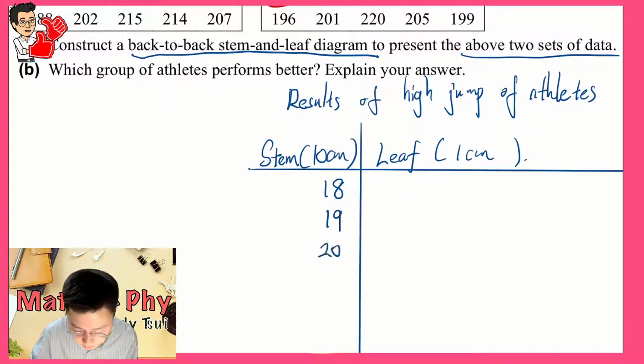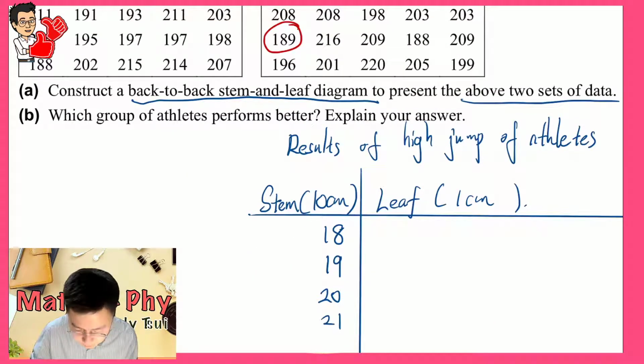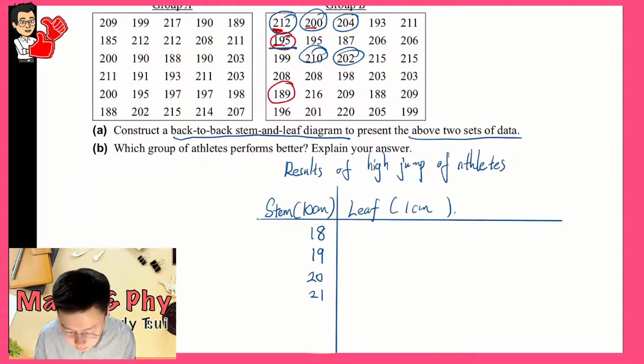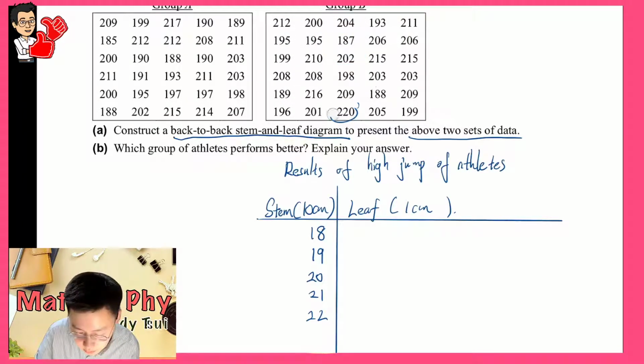And how about 210? We write down 21. Are there any 220? This one is about 220, so I write down 22. For the later part, your method is just like what we learned before.